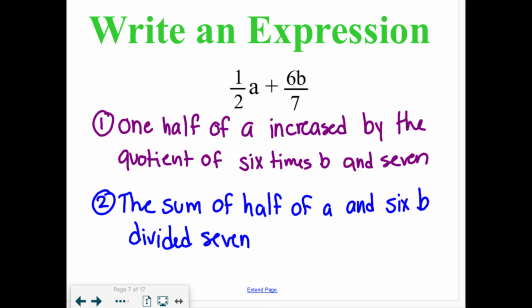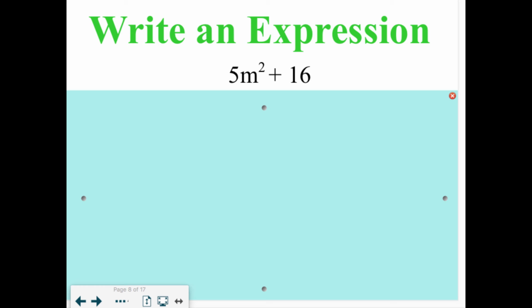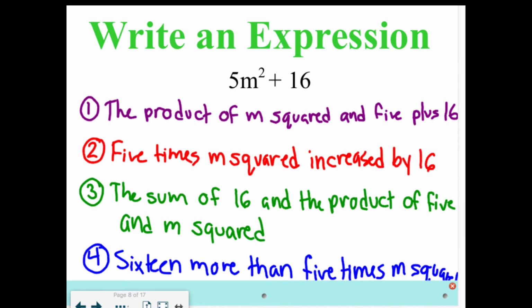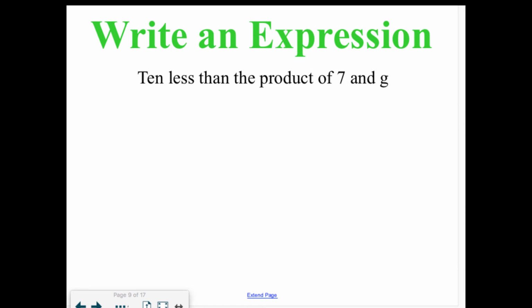That's just a couple of different examples. So I want you to take a minute and try writing a sentence on your own for this particular expression. Again, there are many ways to write this out. Here is just a list of 4 possible examples. Again, what you typed in might not match exactly what I have up here, but if it's something along the same lines, that's okay. If you have questions about it, please let me know when you get to class.